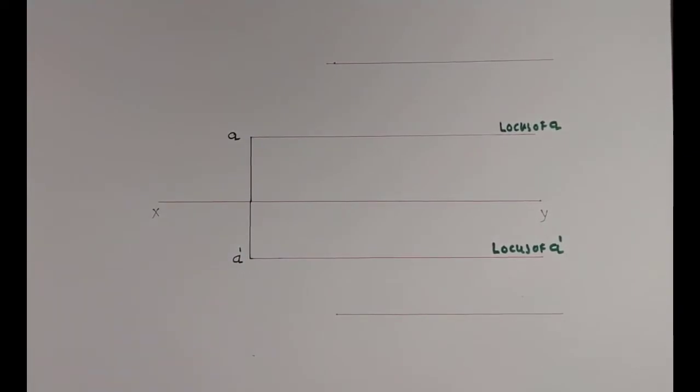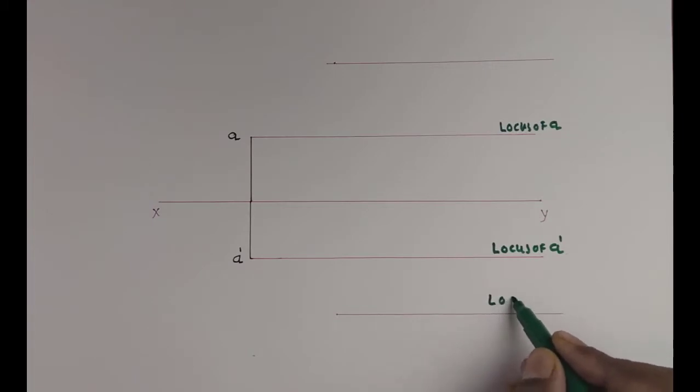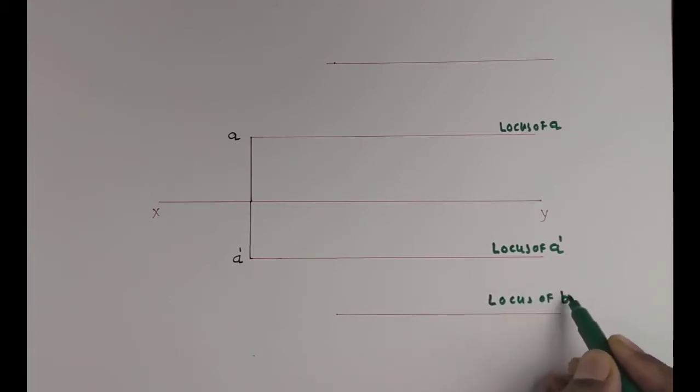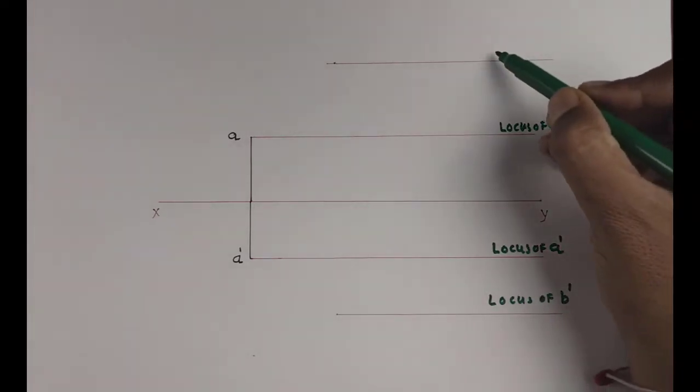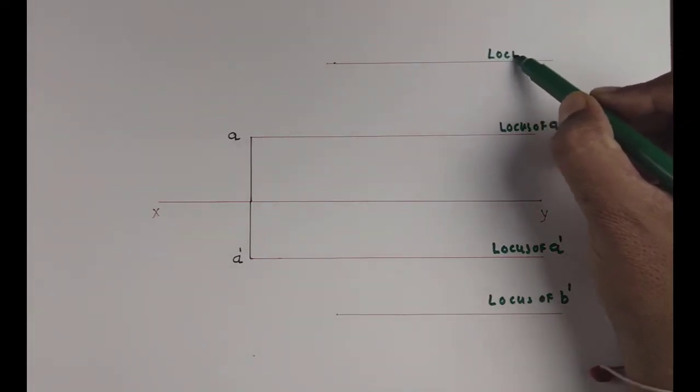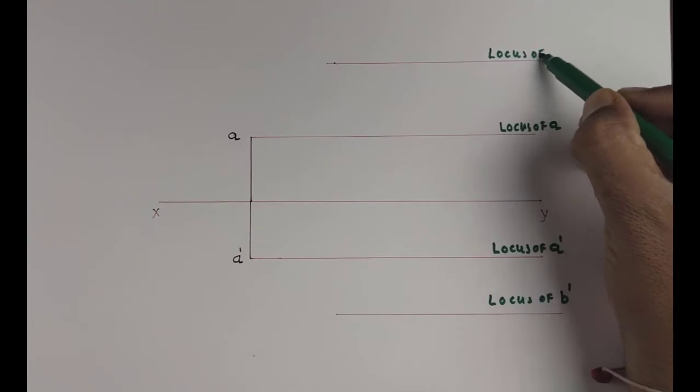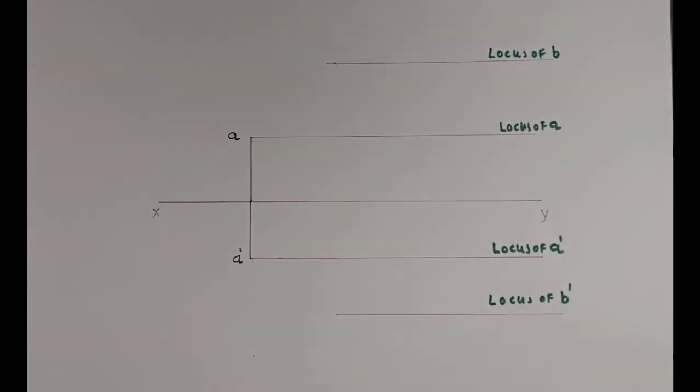This is our 60 mm below XY line. It means it is our locus of B dash, and this is our locus of plan point B.